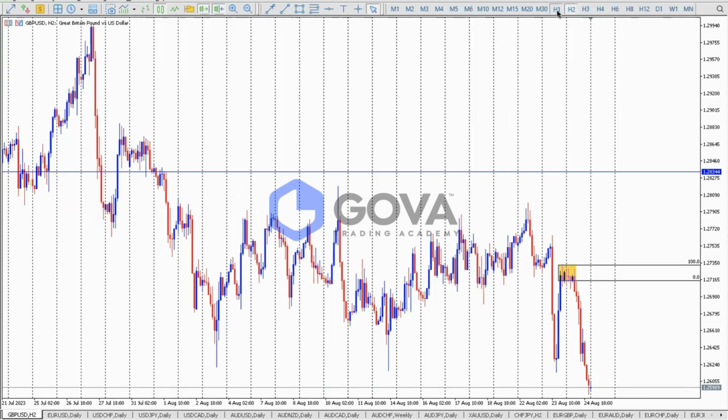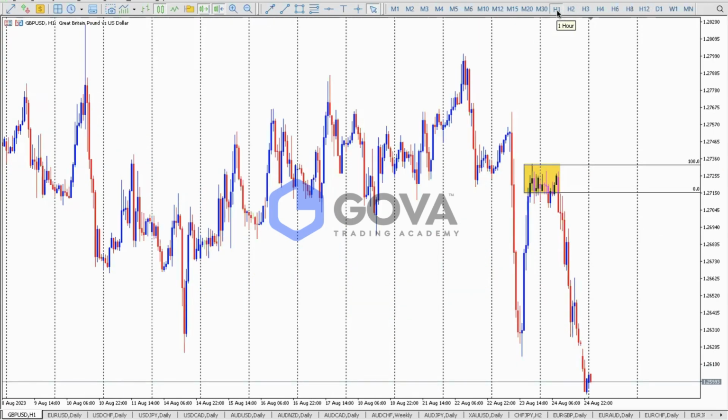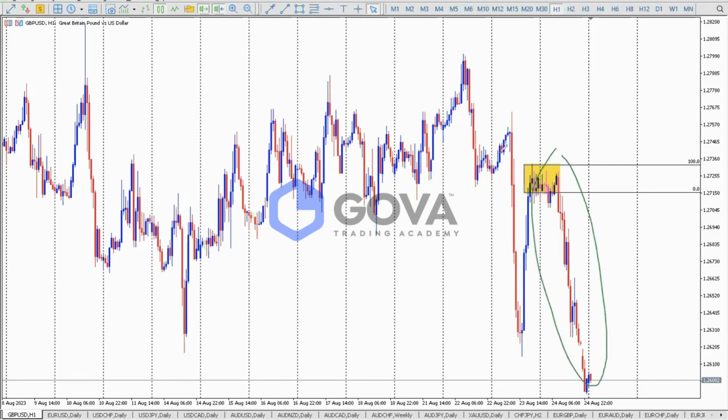Also, whenever I want to take a screenshot on my chart, the idea of taking before and after screenshots is this: if you take a screenshot on this H1 time frame right now, and market price is trying to come back to the area, you might not see this formation anymore.